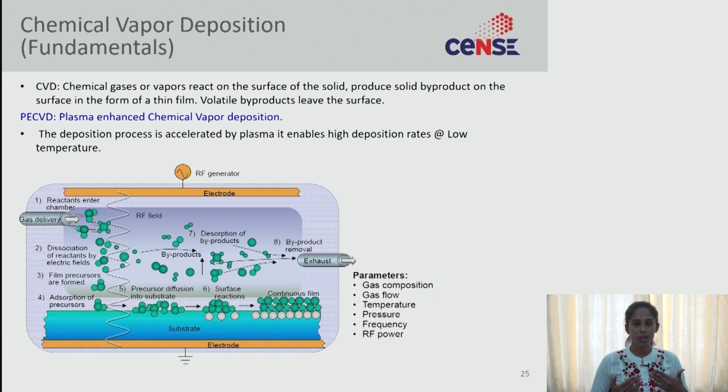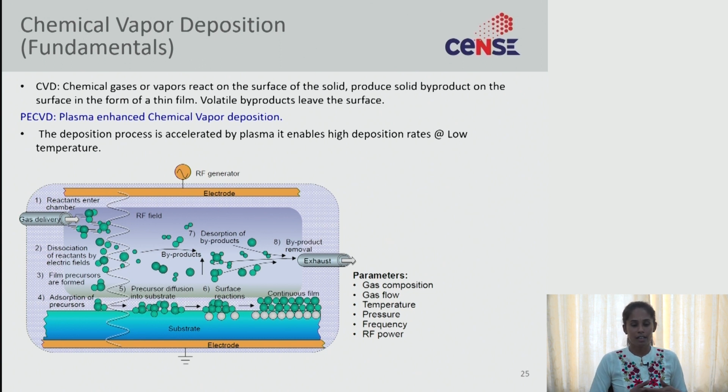So here we have PECVD, plasma enhanced chemical vapor deposition. That means in PECVD the deposition process is accelerated by plasma. It enables high deposition rates at low temperature. If you see other conventional CVDs like LPCVD, APCVD and so on, the chemical reaction takes place at higher temperatures.